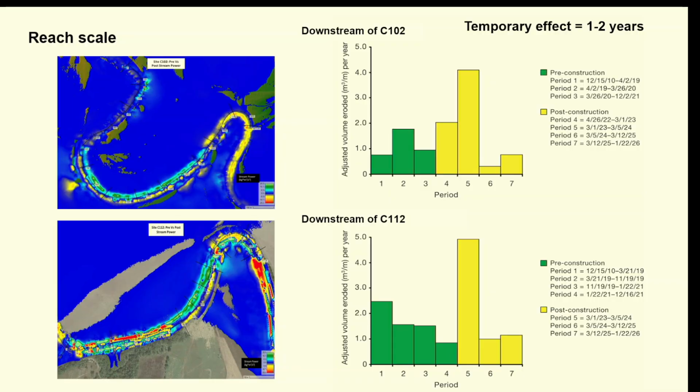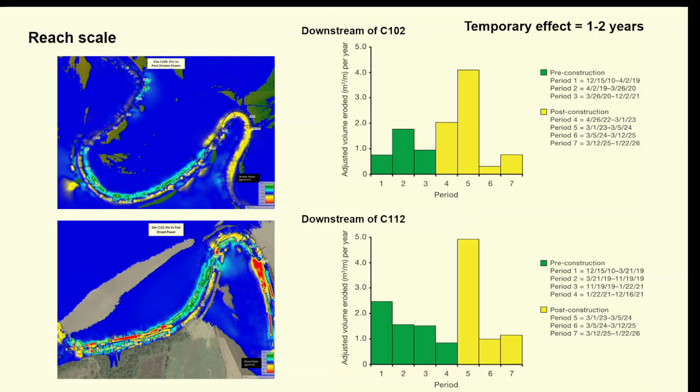We also did drone surveys of those downstream bends. So that's what these plots here are. Each one of those periods represents roughly a year, except for period 1 where we went back and used the 2010 LiDAR and then did the DEM of difference between that and our first drone survey in 2019. So the green bars there are pre-construction, and the yellow bars are post-construction.